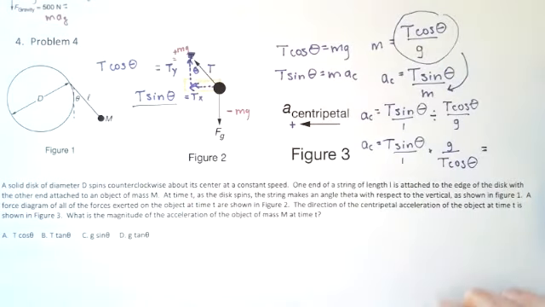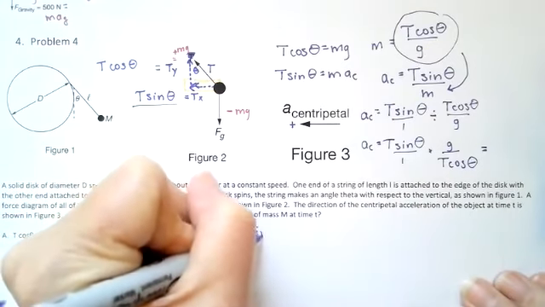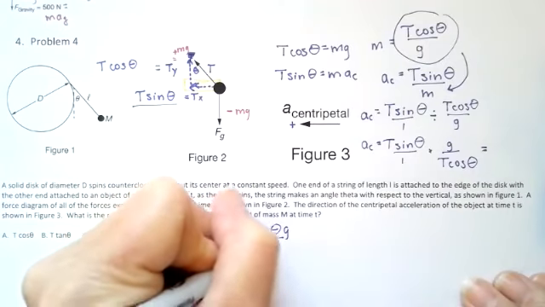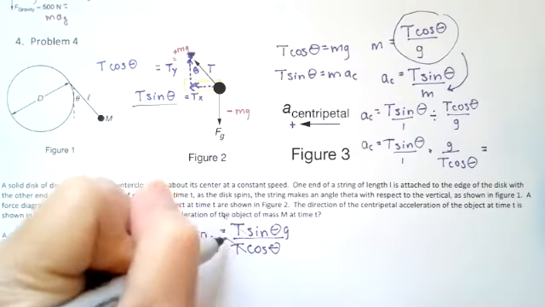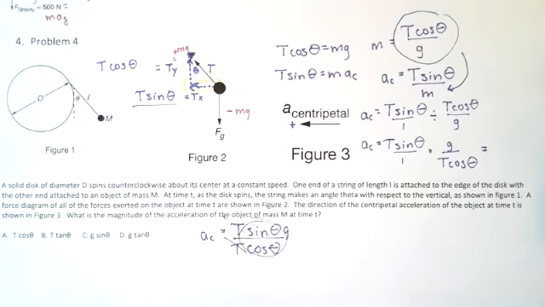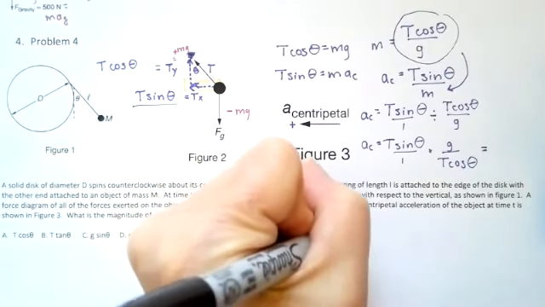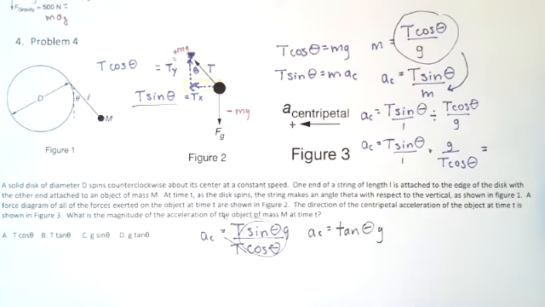That's going to give me centripetal acceleration is T sine theta G over T cosine theta. All right, so here my T's cancel. Sine over cosine is tangent. And I multiply that by G. So it turns out that my answer is going to be letter D.